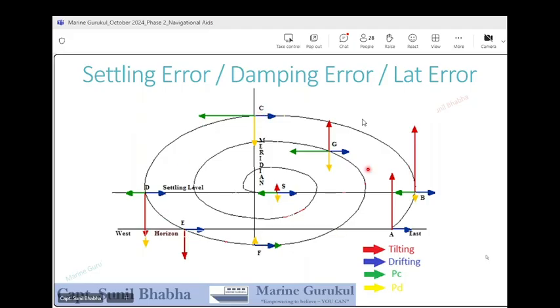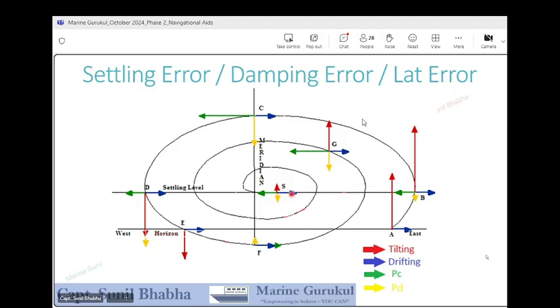So irrespective of wherever our settling position is, this drifting has to have the same magnitude as well as the same direction there also. So we will have this drifting force in the easterly direction and with this much of magnitude. Now we know that at the settling position, this drifting has to be counteracted or cancelled by control precession.